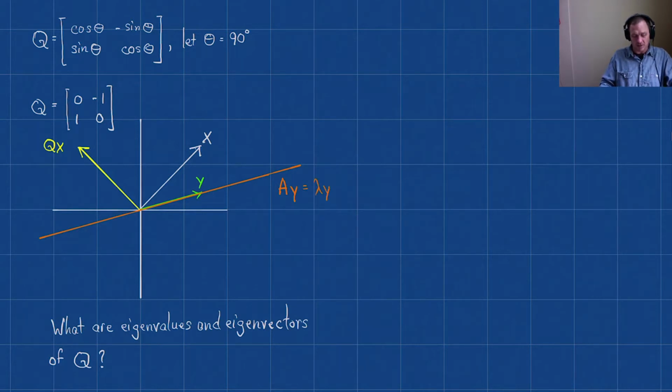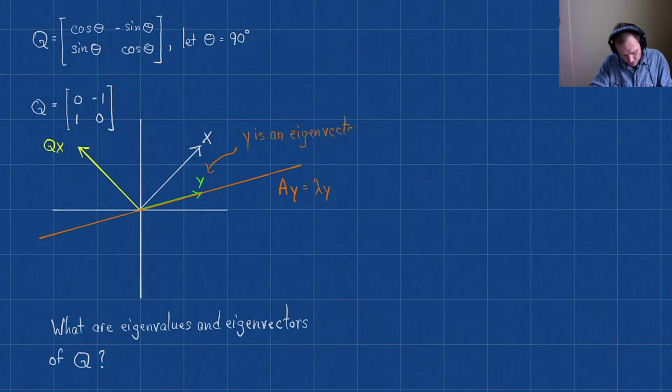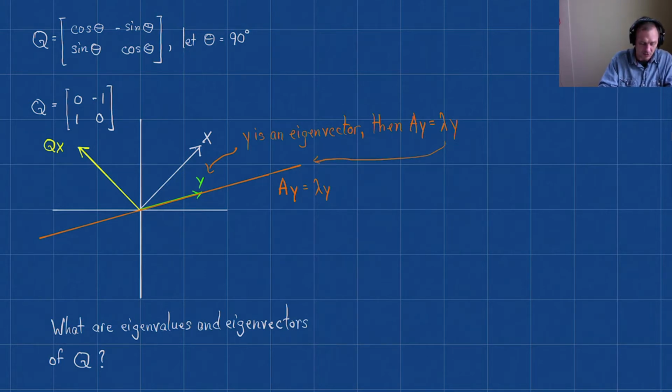If A has eigenvalues and eigenvectors, they'd stay on that line. So if y is an eigenvector, then Ay equals lambda y. That's this orange line, just some scalar multiple of y.